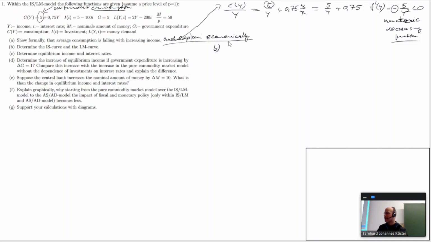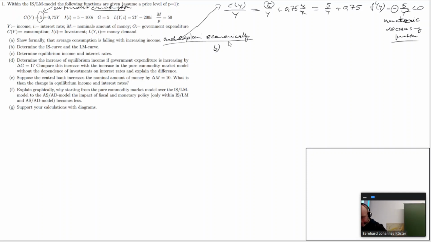So for equilibrium at the commodity market, we first look at the demand side. Demand in a society is consumption plus investment plus government expenditure, and then we put it equal to Y, our supply side.